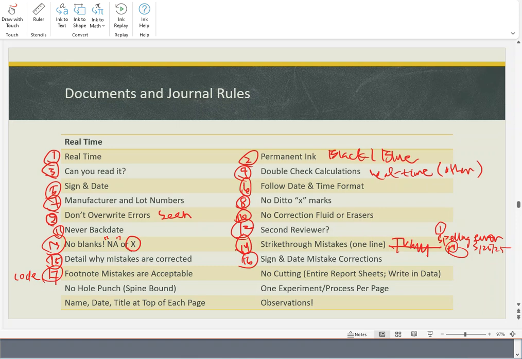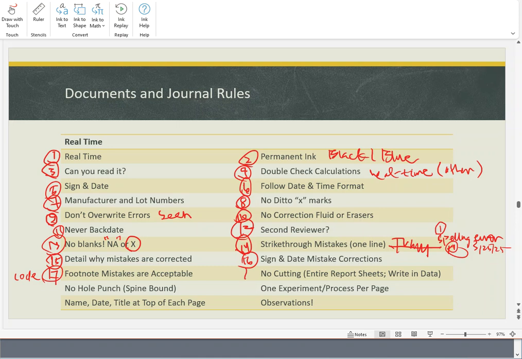And at the very bottom of that page, I'll draw 1, and it'll be spelling error. That way, whenever I have a spelling error, I can simply write a 1 near that mistake, and I don't have to write spelling error over and over and over again.